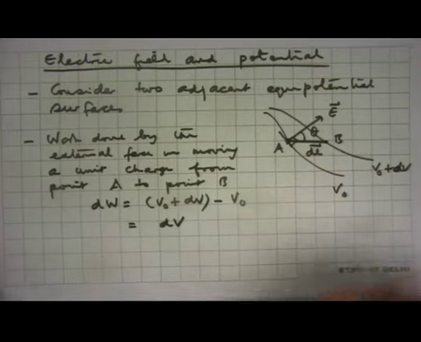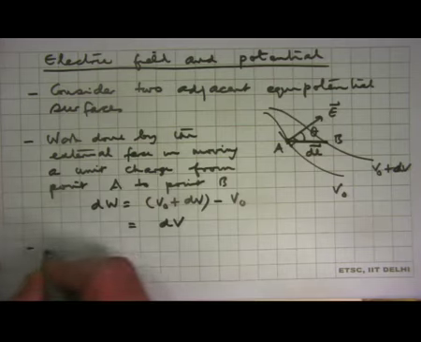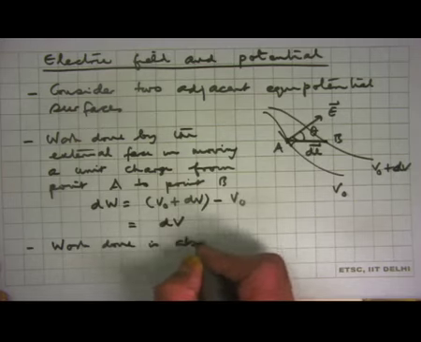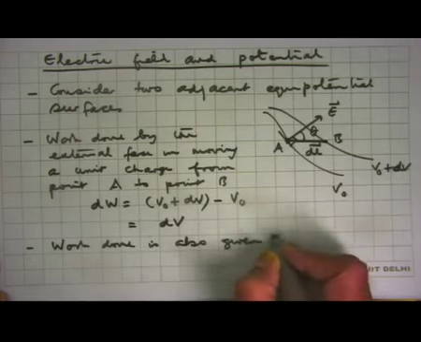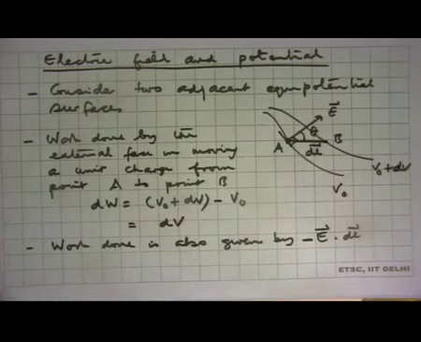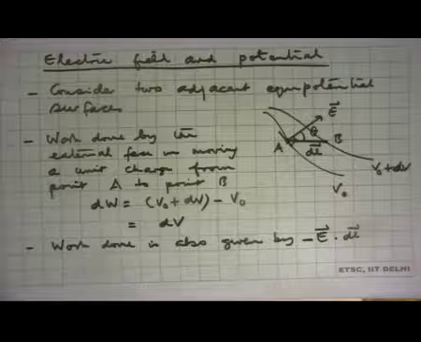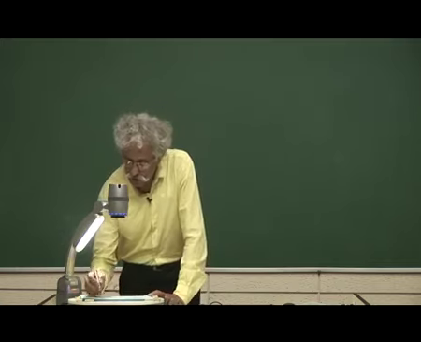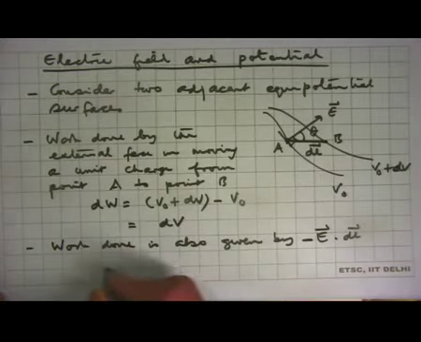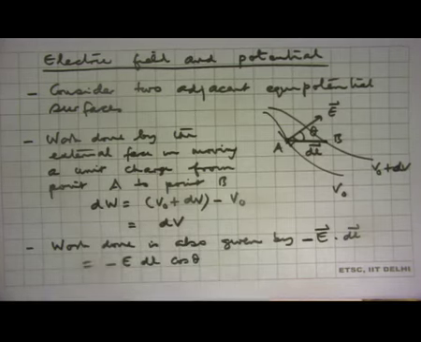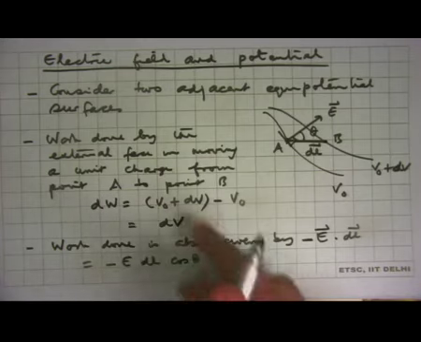Now, I also know how to calculate work done for electric fields. Work done is also given by minus E dot dl, where E is the electric field. The force on the charge is E vector, so I must apply a force opposite to the direction of the electric vector, which is minus E, and I am moving a distance dl. This is minus E dl cos theta, and these two must be equal.